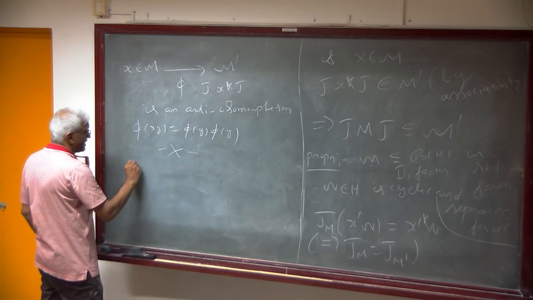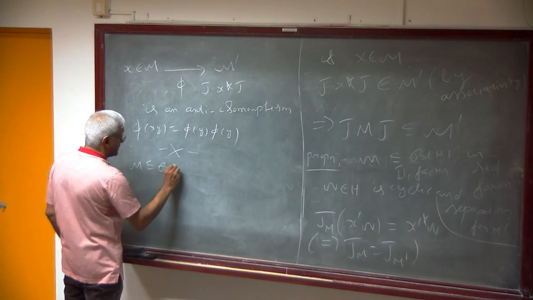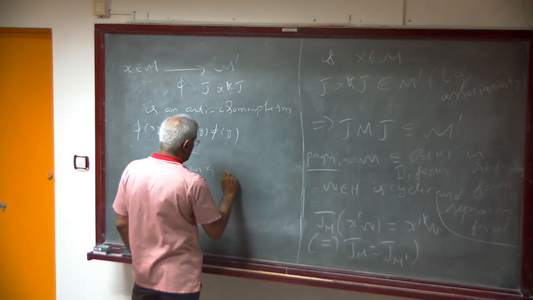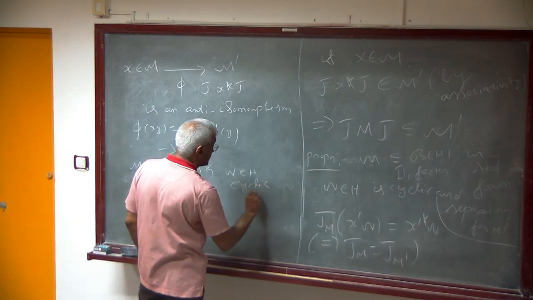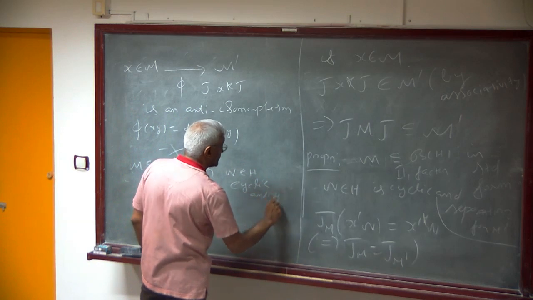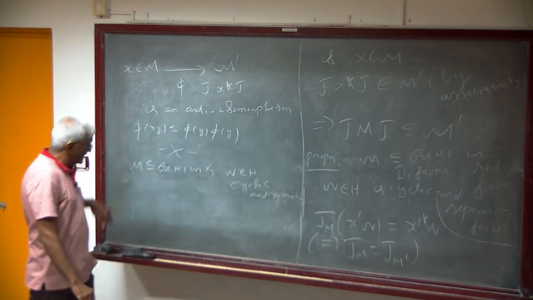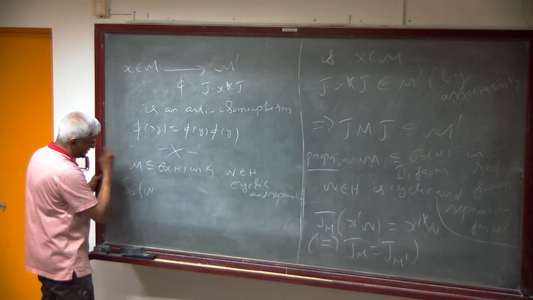In general, if you have any M contained in B of H, for a general factor, with omega cyclic and separating, then you can define an S naught like this. I don't call it J because J is called as something else.